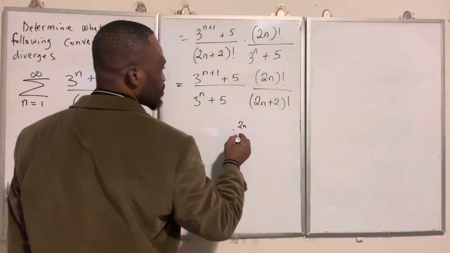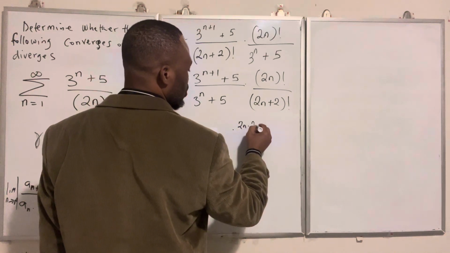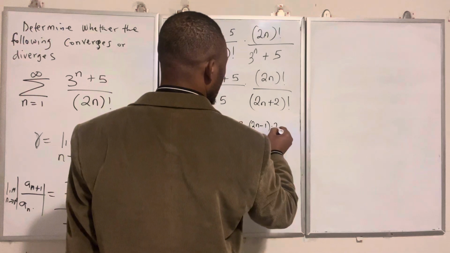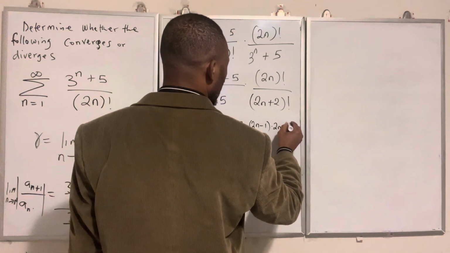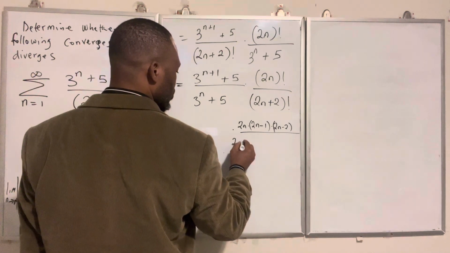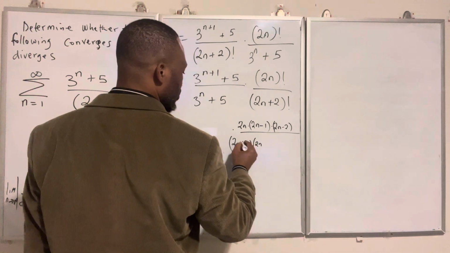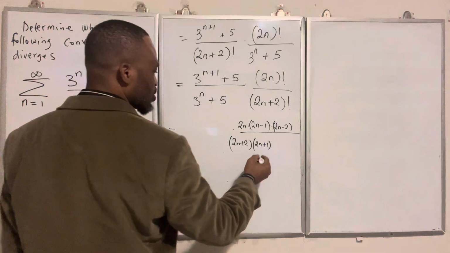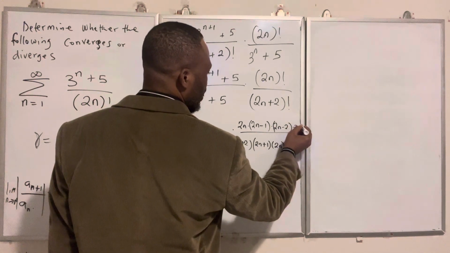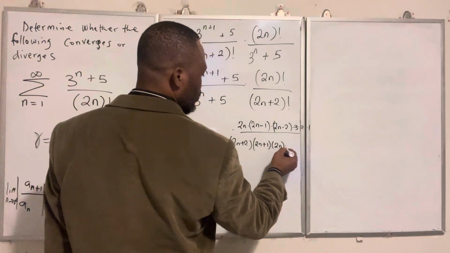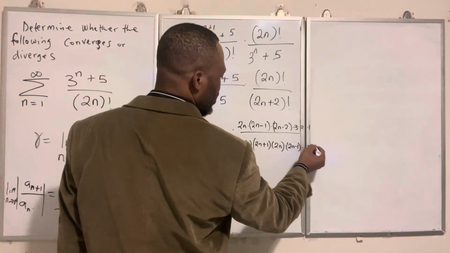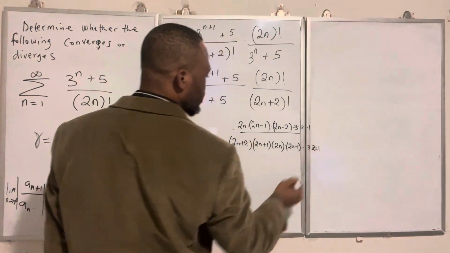This will become 2n times 2n minus 1 times 2n minus 2, in that order, over 2n plus 2 times 2n plus 1, times 2n, and it keeps going in that order, times 3 times 2 times 1, over 2n, 2n minus 1, keep going in that order, times 3 times 2 times 1.